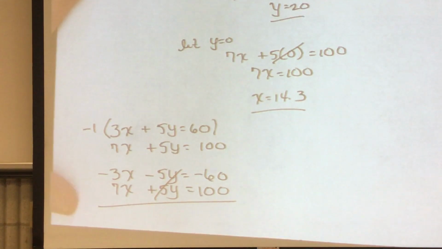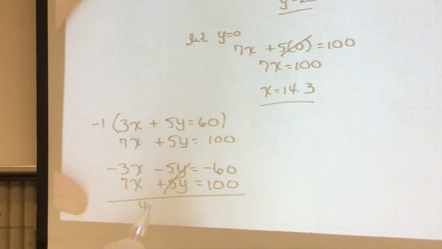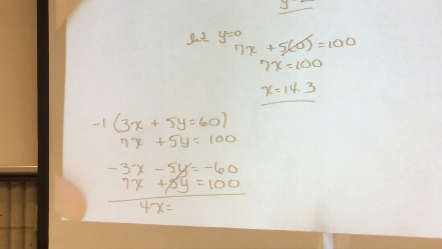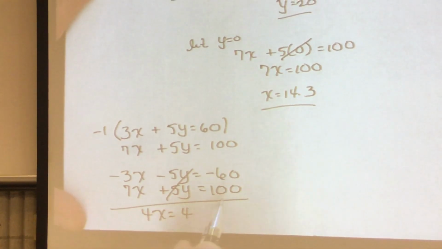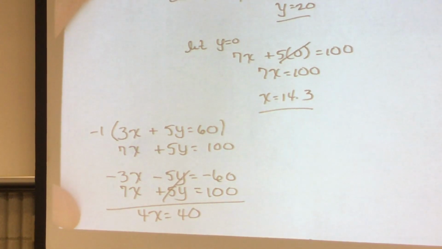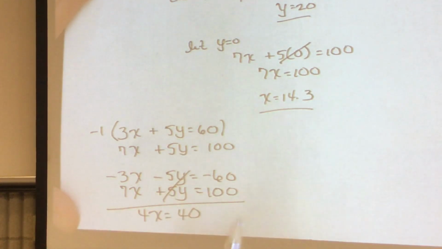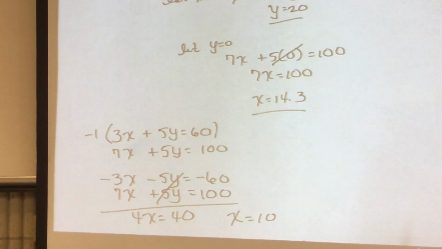That cancels the y. So I have -3 plus 7 is 4x, and -60 plus 100 is 40. Dividing both sides by 4, 40 divided by 4, x is equal to 10.